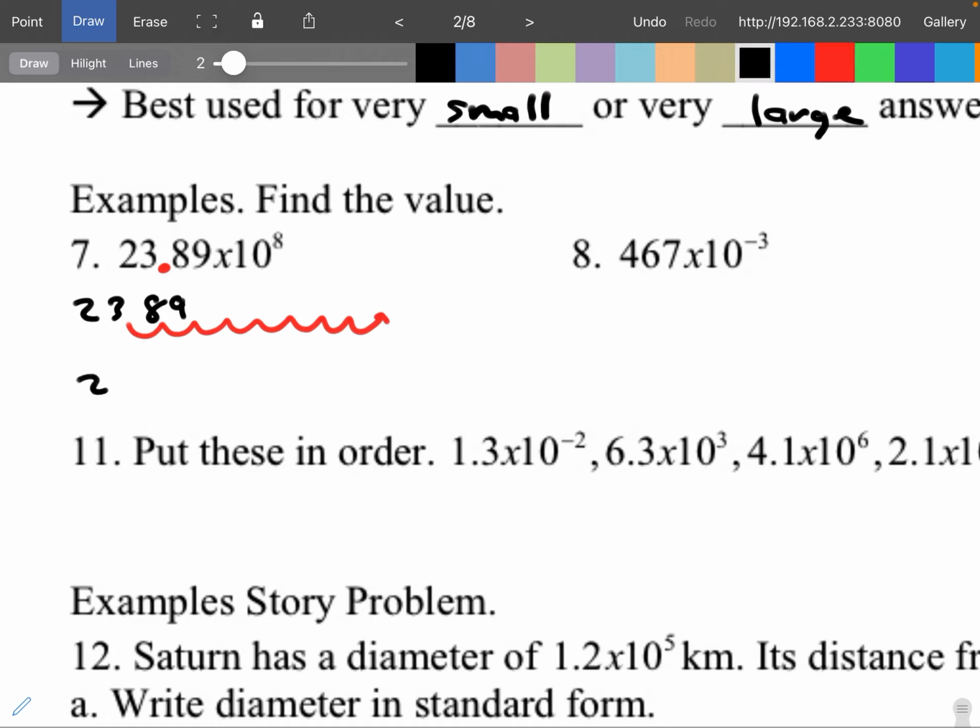So that's going to give me a 2, 3, 8, 9, and 6 zeros. All right. So now the decimal's here at the end of the number. That's in standard form. And there'd be a comma there, and a comma there, and a comma there, yeah. That's 2,389,000,000.